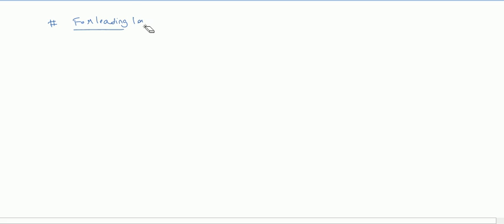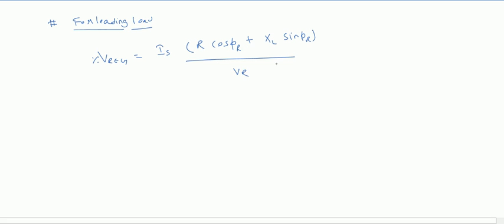For leading load, in that expression I have written Is R cos phi r minus, previously plus, xl sin phi r divided by Vr into 100.